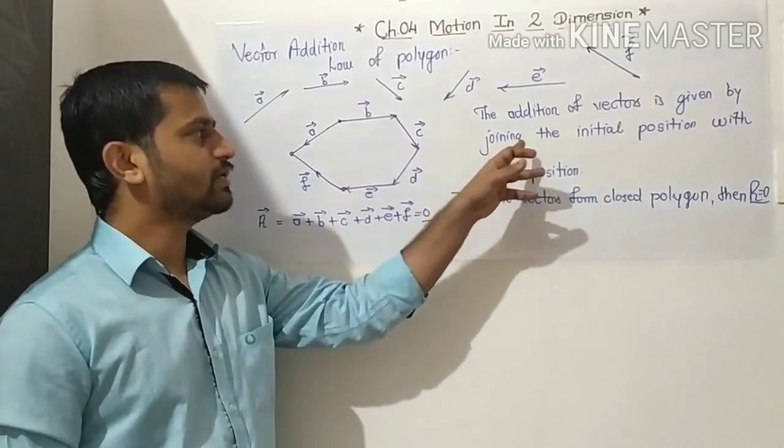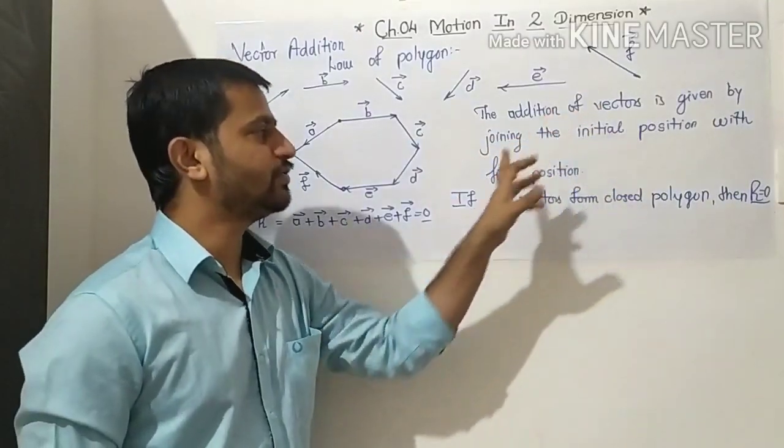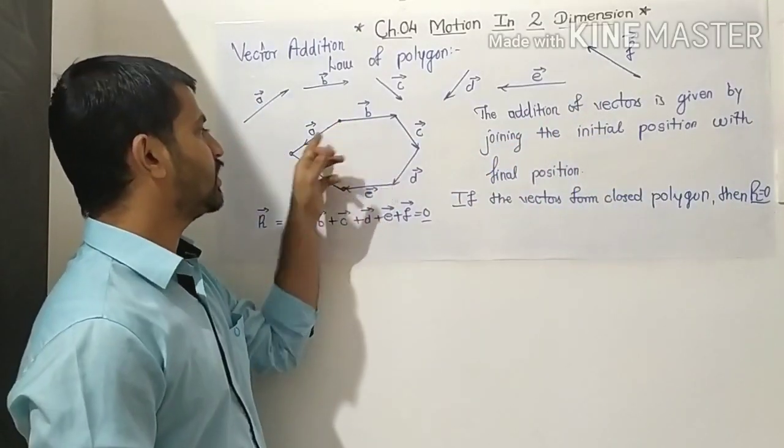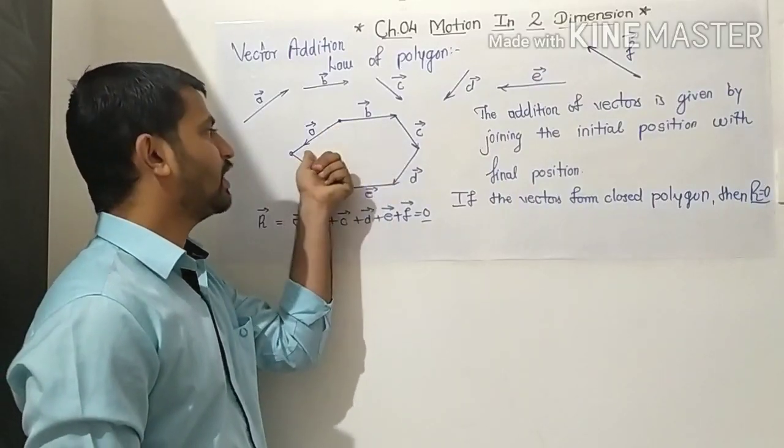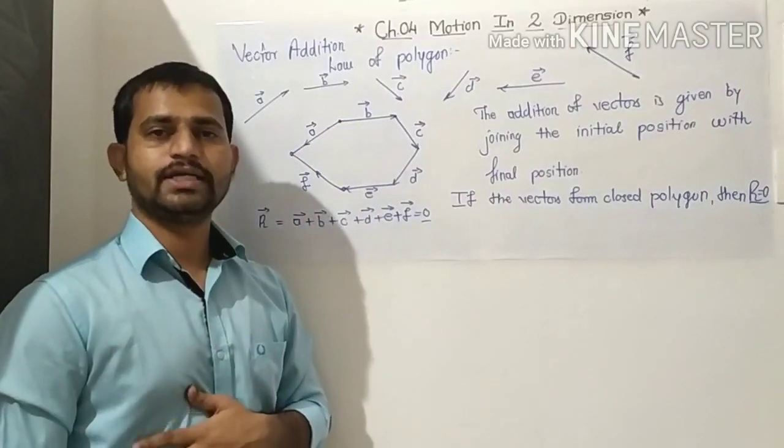So that's why, what is our law? Joining the initial position with the final position. This is the initial position and this is the final position, and this vector A will give us the value of the resultant.